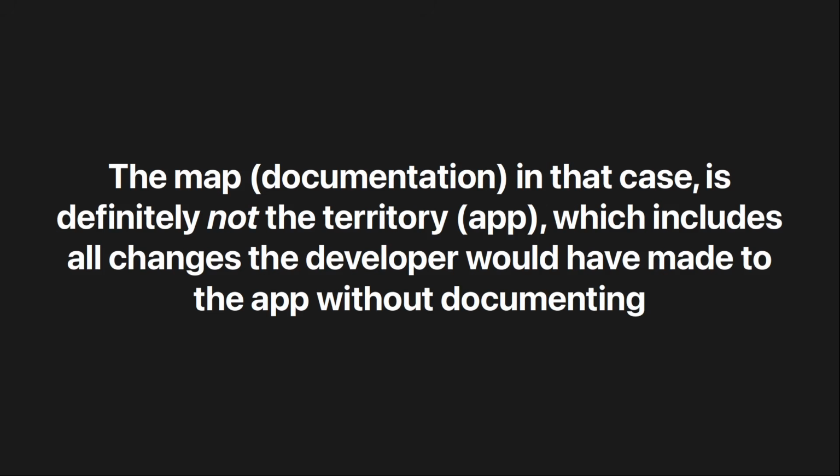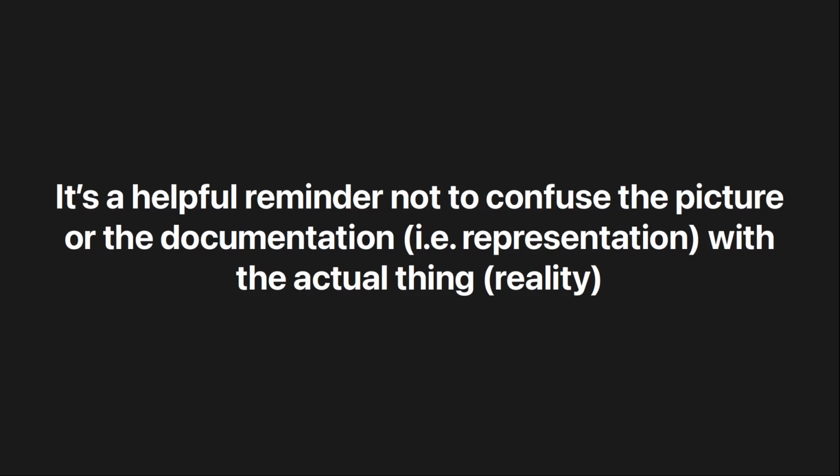That doesn't work because the map is meant for an older version of something and where you are is the newer version. Those two don't correspond, and because of which you are lost. Right? So it's a helpful reminder not to confuse the picture or the documentation, which is the representation of the actual thing, which is reality.